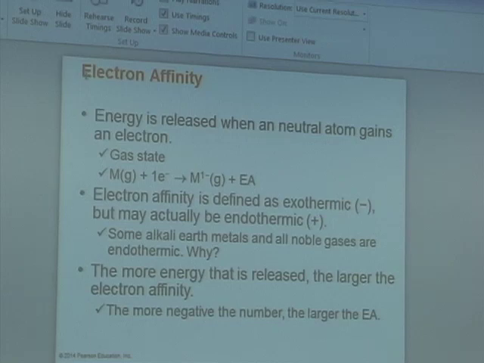concept of electron affinity. So what do you mean by electron affinity? What's the definition for that? What does electron affinity mean? It's defined as the exothermic or endothermic energy change.